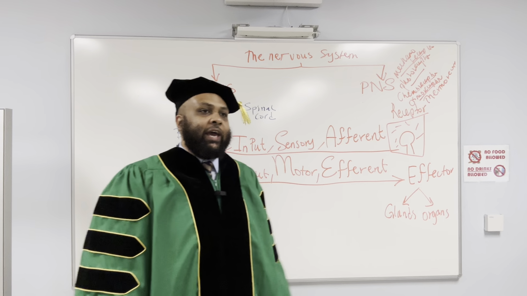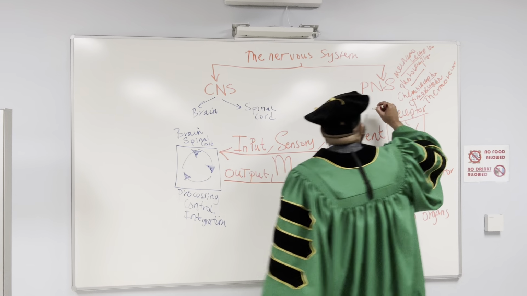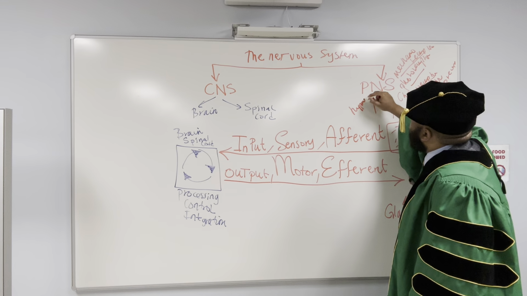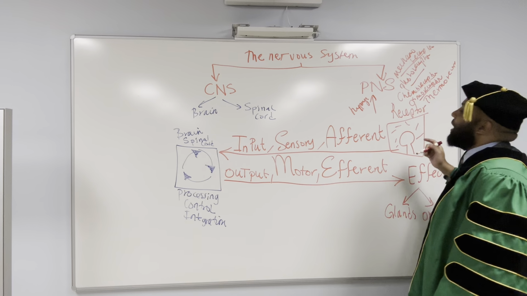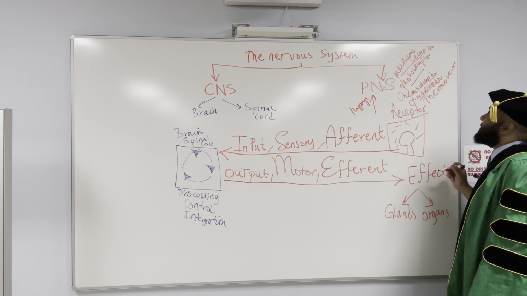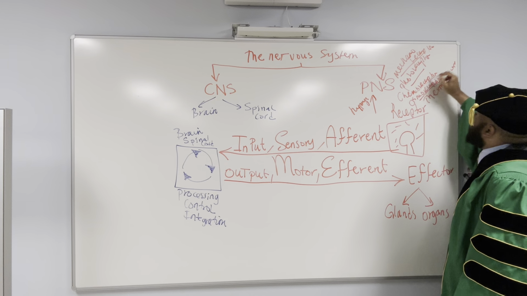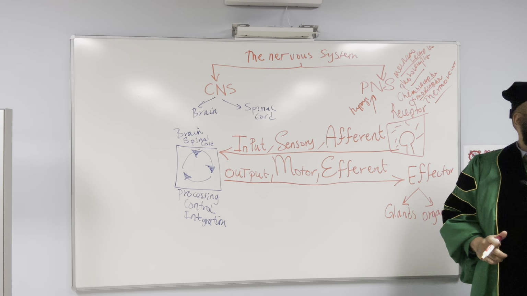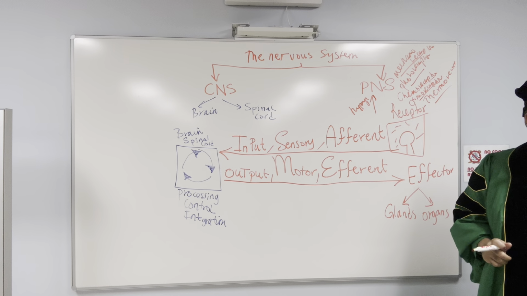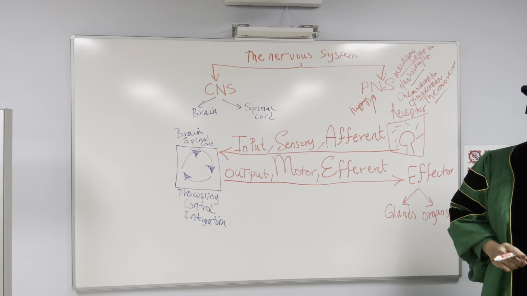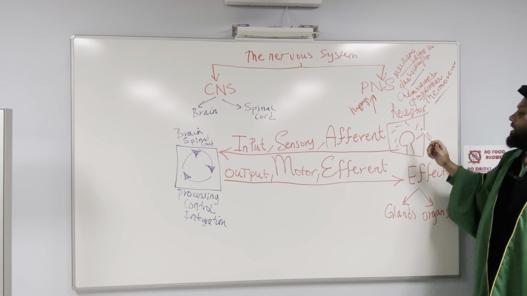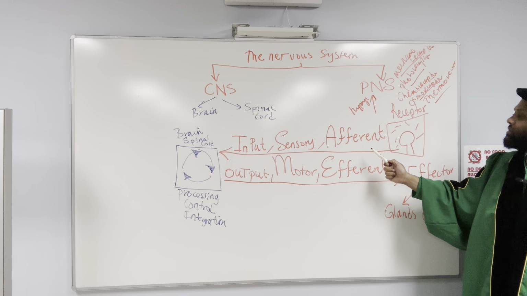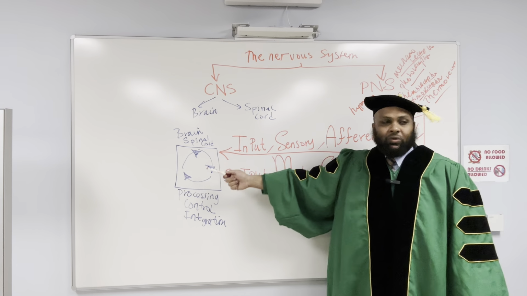So let's look at an example. Blood sugar went up. What do we call that? Hyperglycemia. Hyperglycemia is going to be detected by a mechanoreceptor, photoreceptor, chemoreceptor, osmoreceptor, or thermoreceptor. Chemoreceptor. The chemoreceptor is going to send an input sensory afferent command to who?